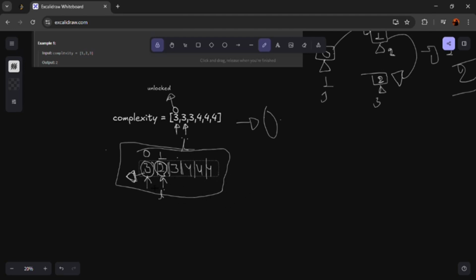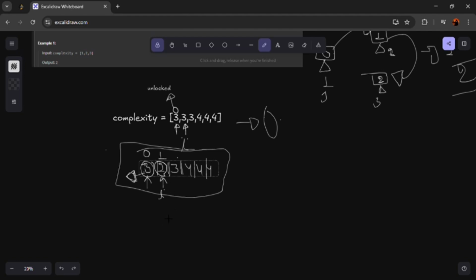Like if 3 is unlocked, 3 must be unlocked, because the question says that. Okay, so 3 is unlocked. Okay, now if there is an array, if there is a number like 4. Okay, like 4 बड़ा लेती हूँ.